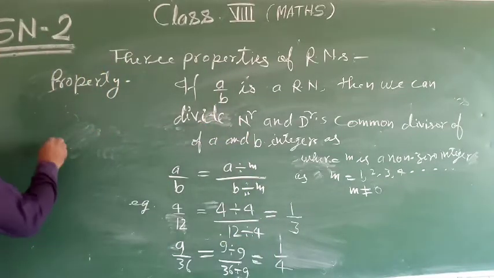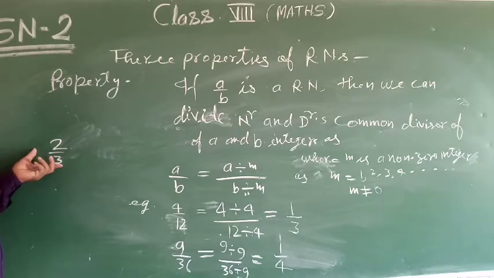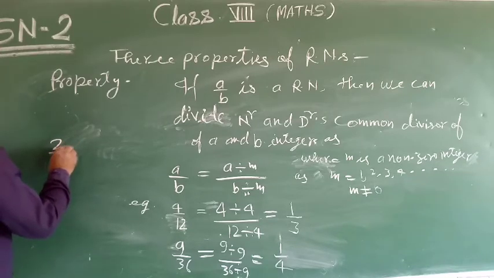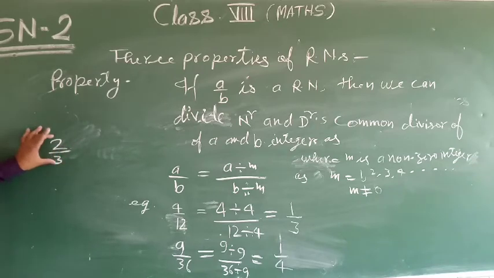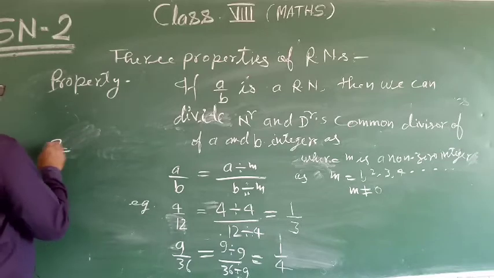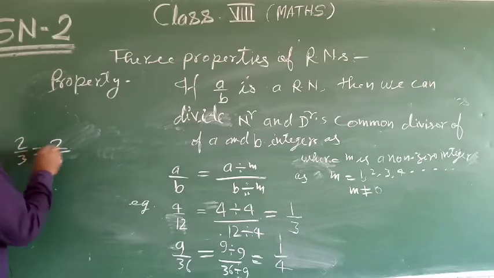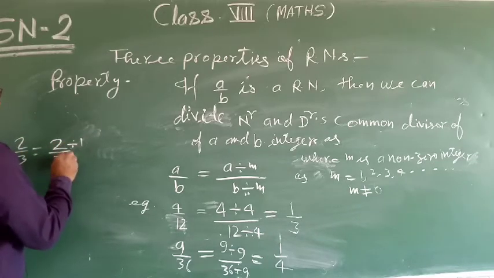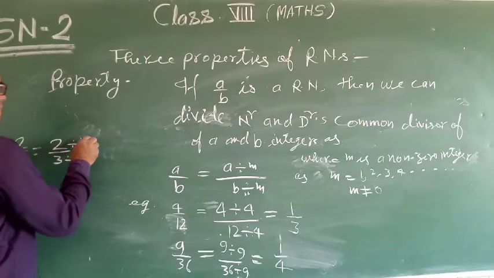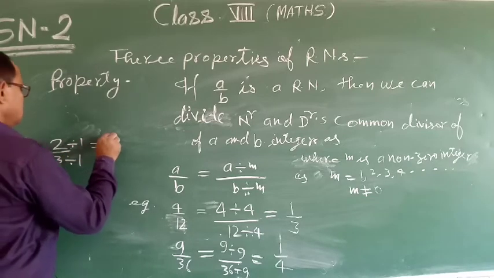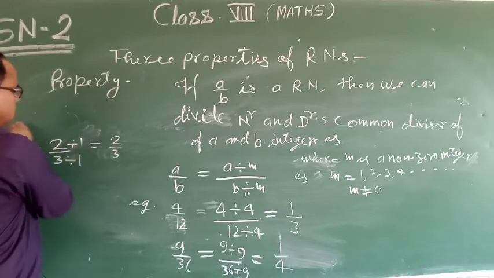Okay? If here 2 by 3, 2 and 3 have only one common divisor, then you divide 2 by 1 and 3 by 1. Then we get 2/3, the same number.